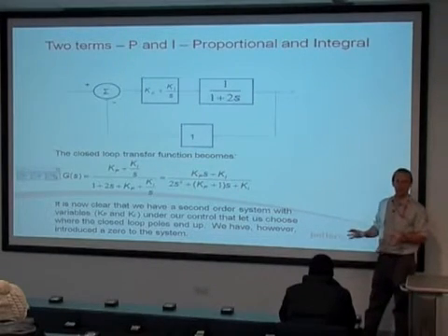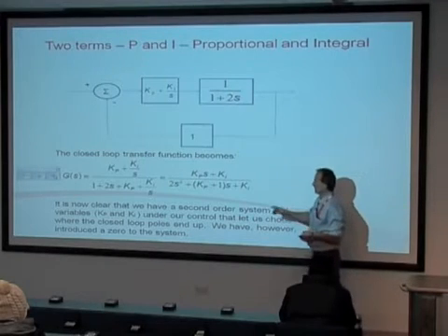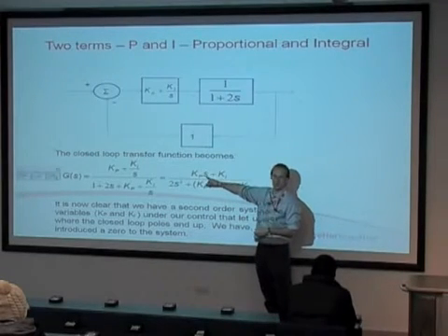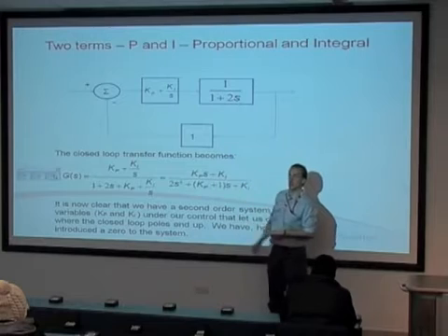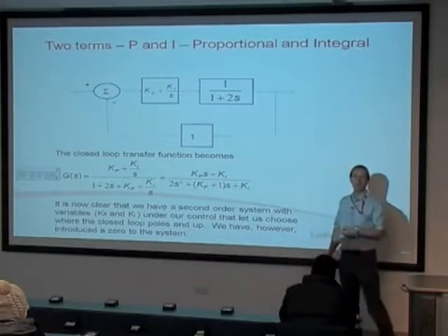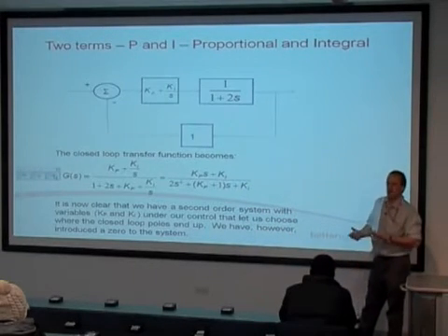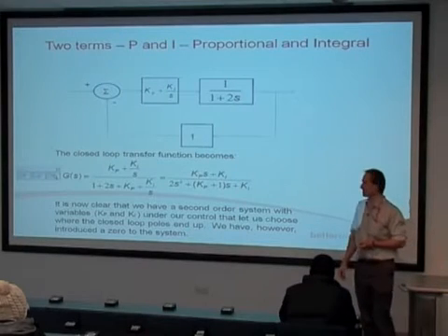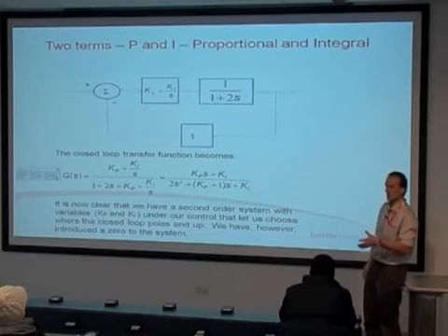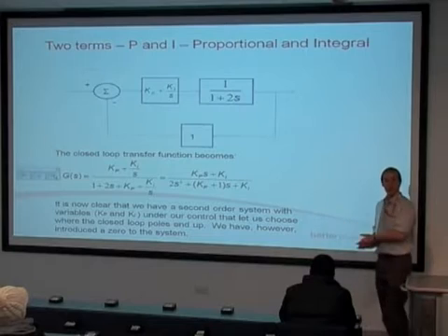There's a fly in the ointment. Unfortunately, I've introduced an S term in the numerator as well. So I've actually introduced a 0, which makes life a little bit more complicated. But because we haven't talked much about zeros, I'm going to gloss over that for now.